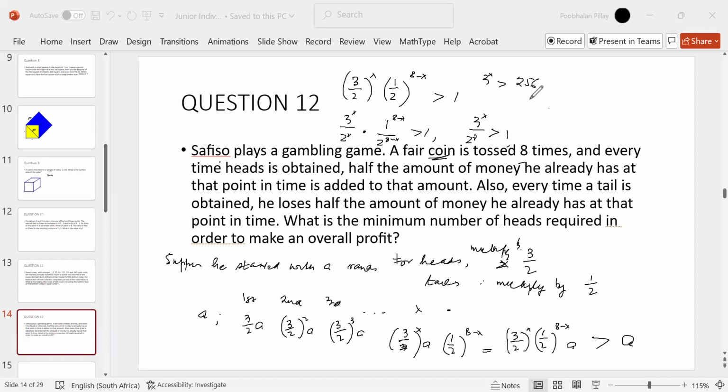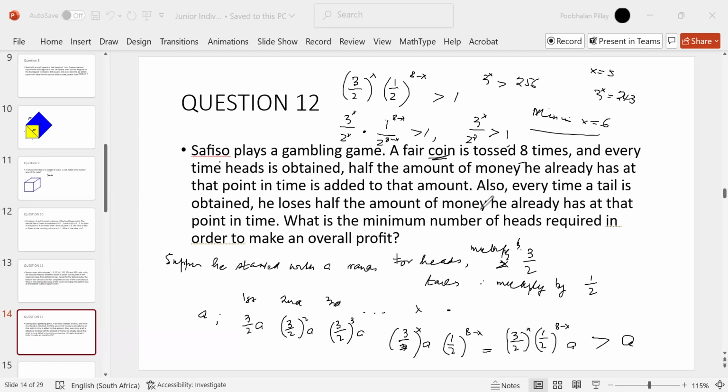And you'll see that when x is equal to 5, 3 to the x is 243, doesn't work. But when x is equal to 6, it works. So the minimum x is equal to 6. That's the first value of x for which this number is greater than that.